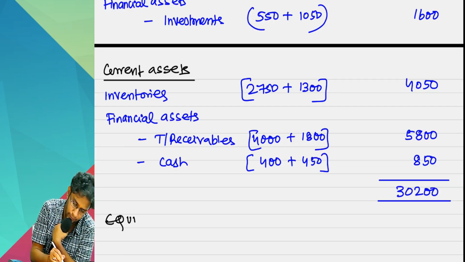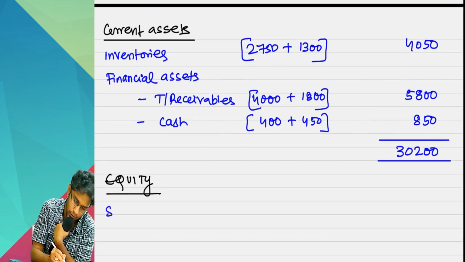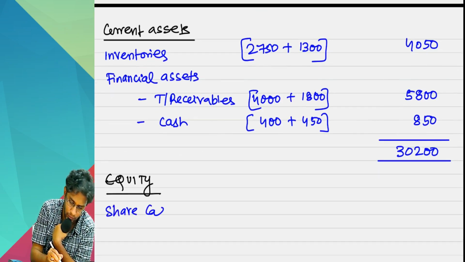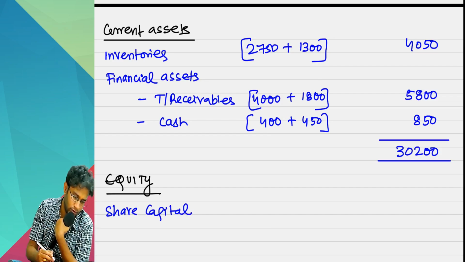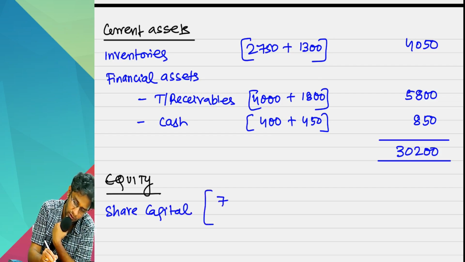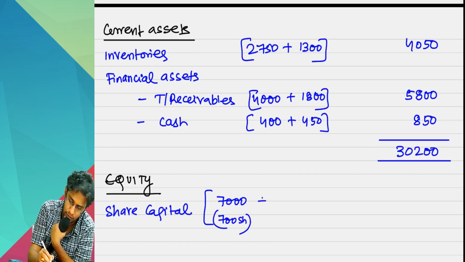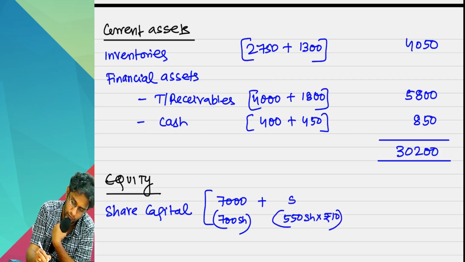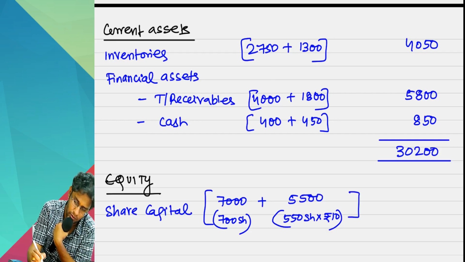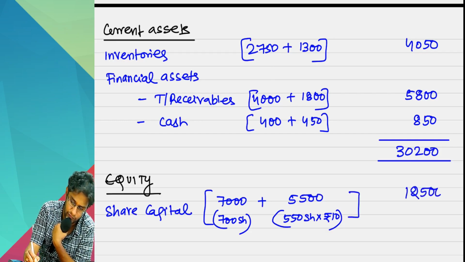Equity. Careful here, careful with equity, because you issued shares now. This fellow's 7,000, then anyway 700 shares are there, plus 550 shares that you issued into 10 rupees face value, 12,500.